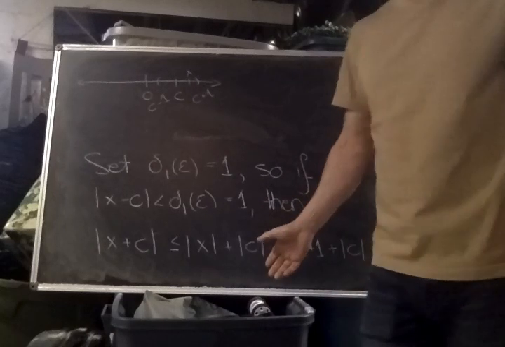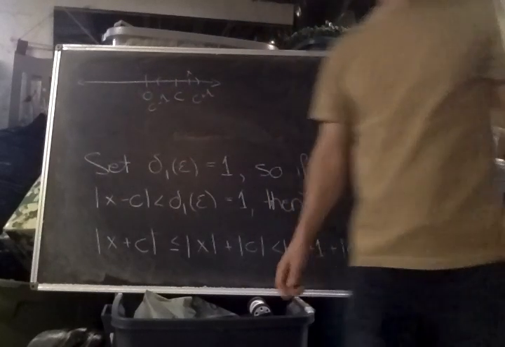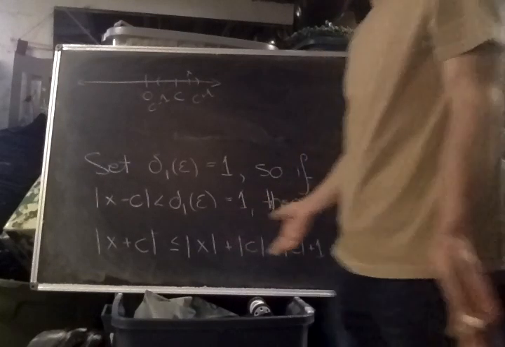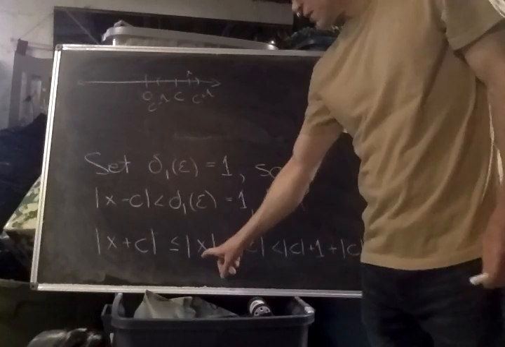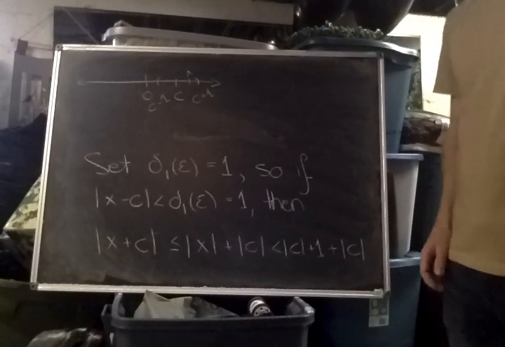Maybe c is a negative number, in which case you can take this whole picture and draw it on the other side of 0, okay? But in that case, you will still see that the absolute value of x is strictly less than the absolute value of c plus 1.